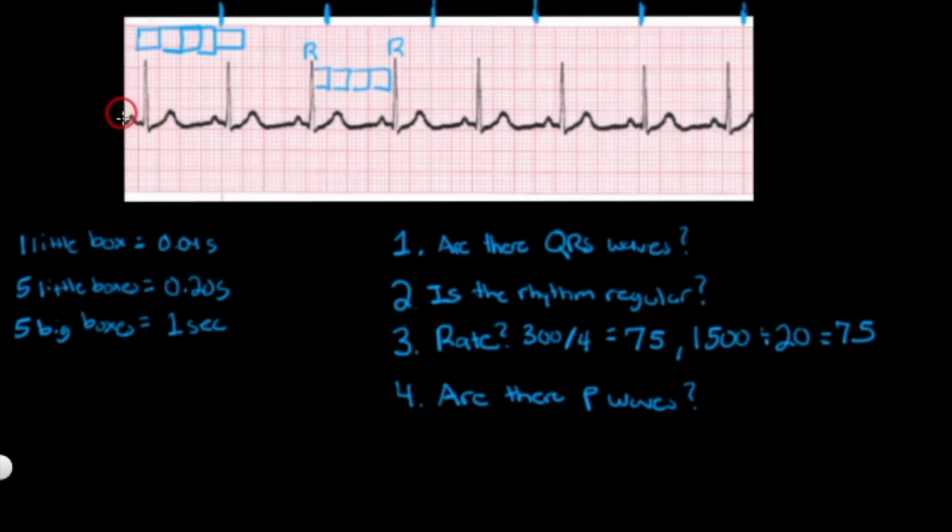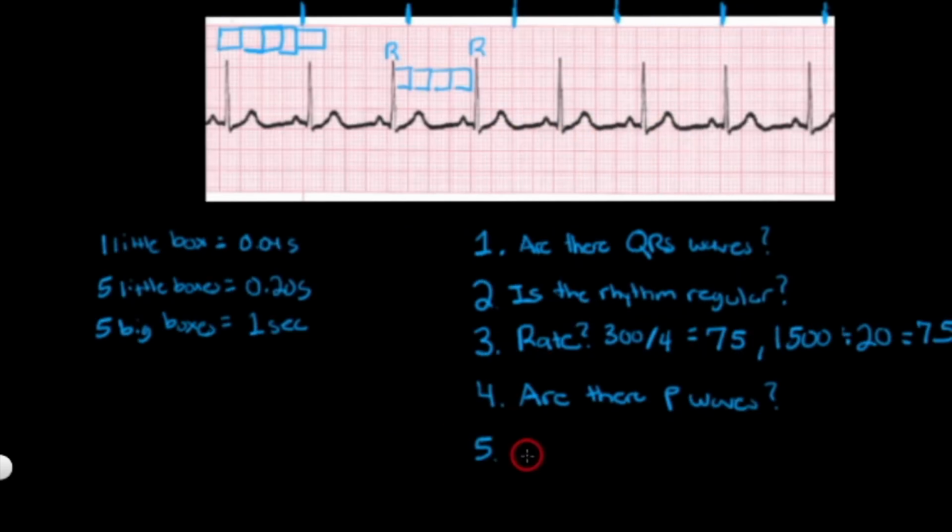You also want to look for if the P waves are coming before each of the QRS waves, which, as you can see, all of these P waves look the same, and all of these P waves come before the QRSs, so that's a check for that one. And then the last one is just measuring the P to R interval and the QRS.